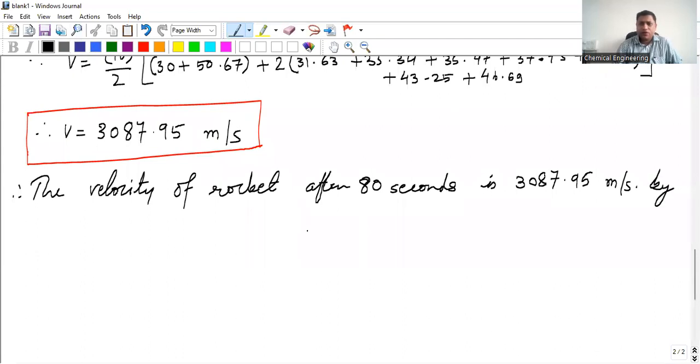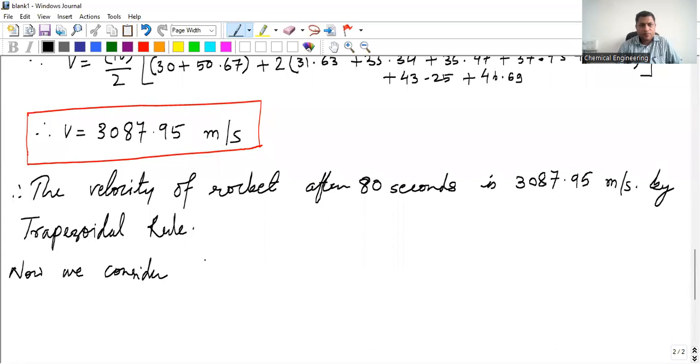This we got by the trapezoidal rule. Now we consider Simpson's 1/3 rule.